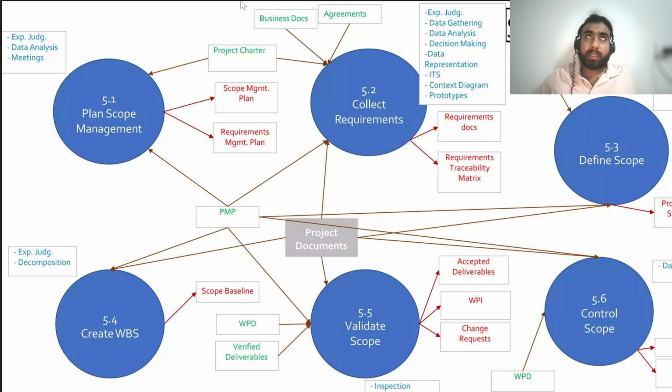Let me give you another example. Let's say I started a project related to improving the AHT, average handle time, of a process of the voice team. This is my scope. I will only work on the AHT improvement.